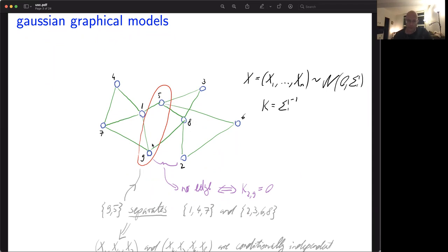Whenever there's no edge between two variables, for example, there's no edge between vertex 2 and vertex 9, that means that vertex 2 and vertex 9 are conditionally independent given the rest of the variables.